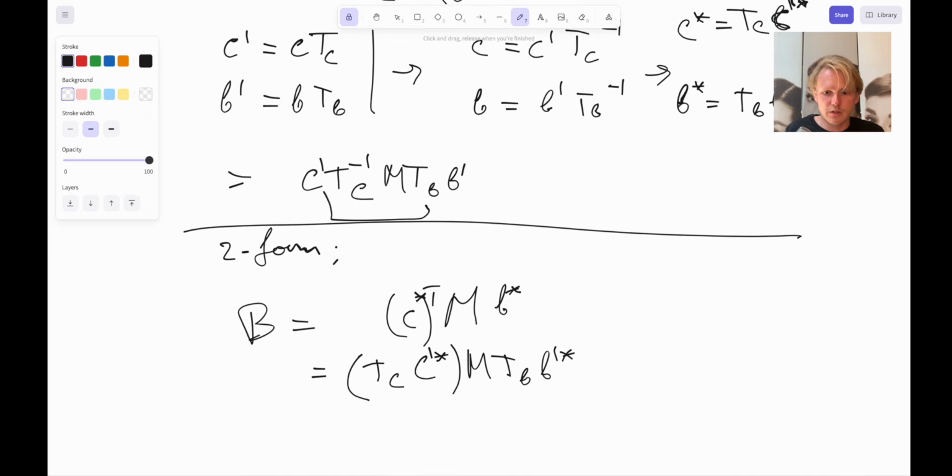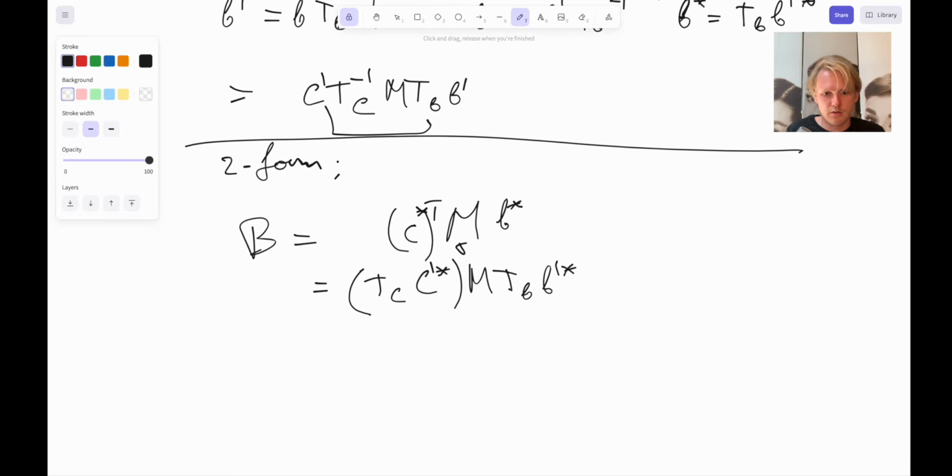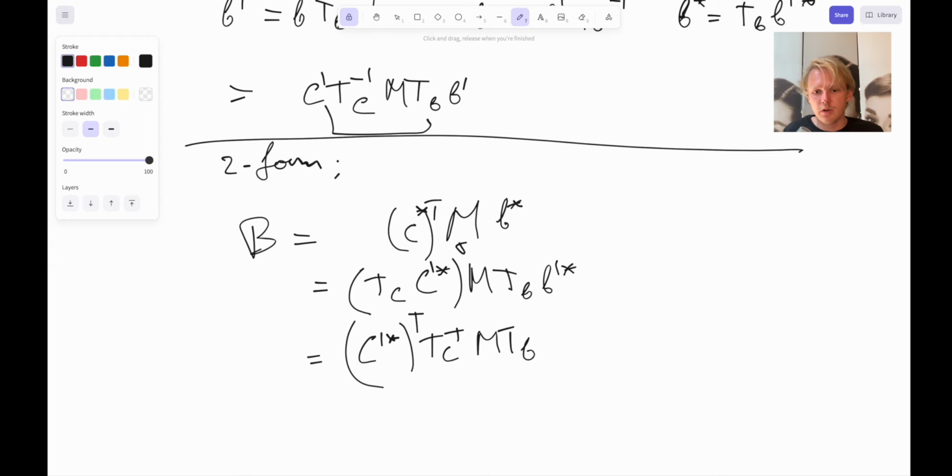And you have a transpose here. You apply the transpose, and you get the new basis transposed right here. You have Tc transpose M Tb, B prime. Great.